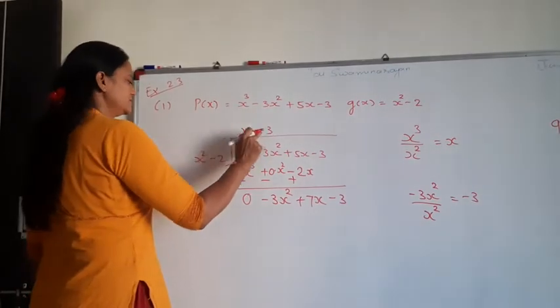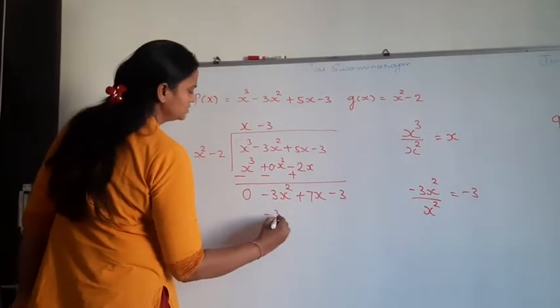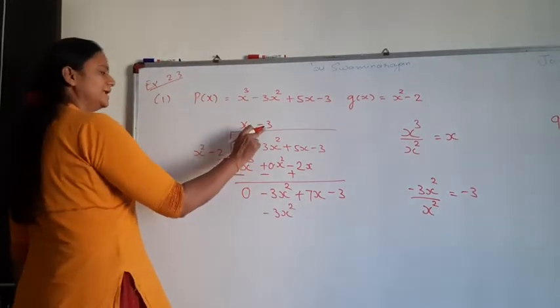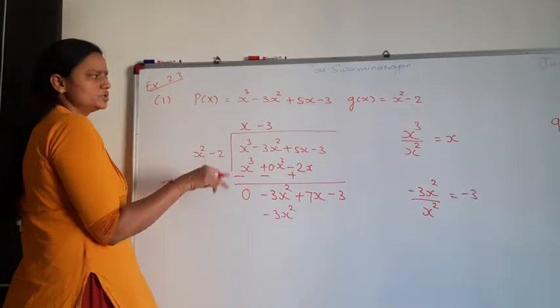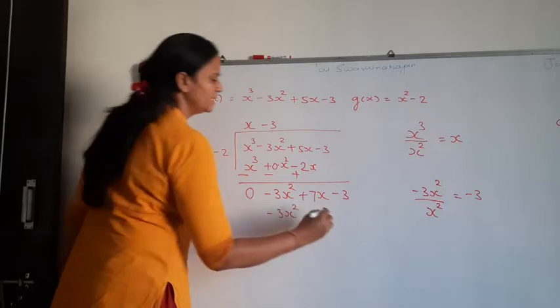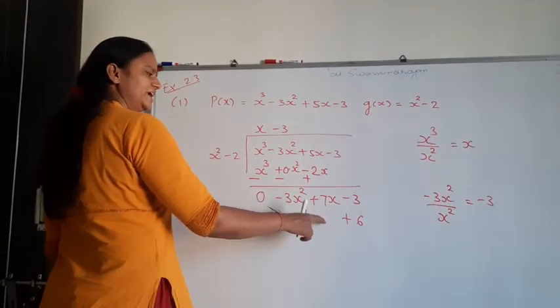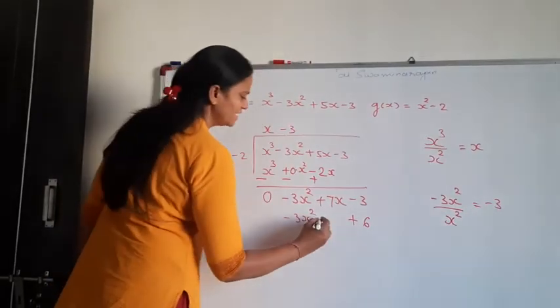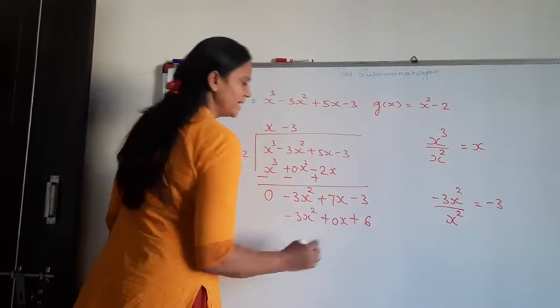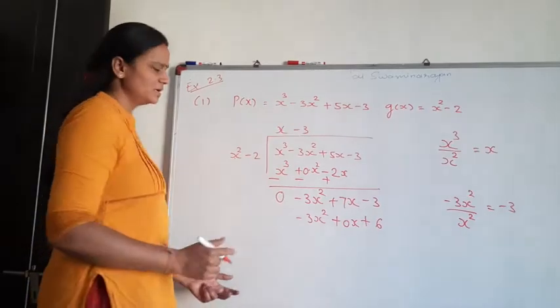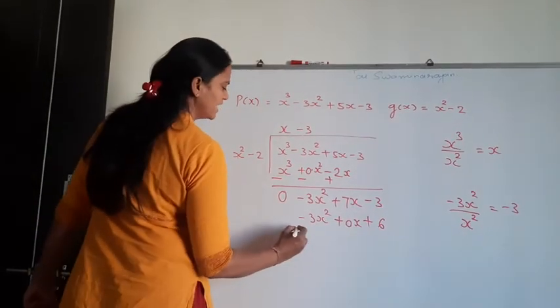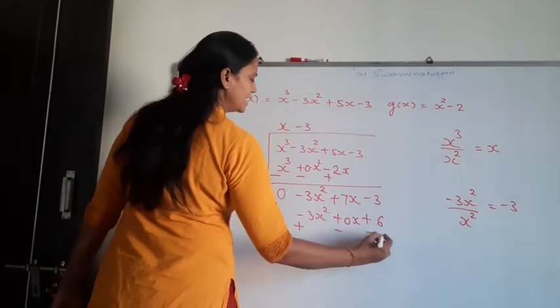Now minus 3 into x square is minus 3x square. Minus 3 into minus 2 is plus 6. That we will write with the constant term. Here we don't have any term with x, so we will write plus 0x. Again follow the same procedure: we change their signs, so minus will become plus, minus and minus.